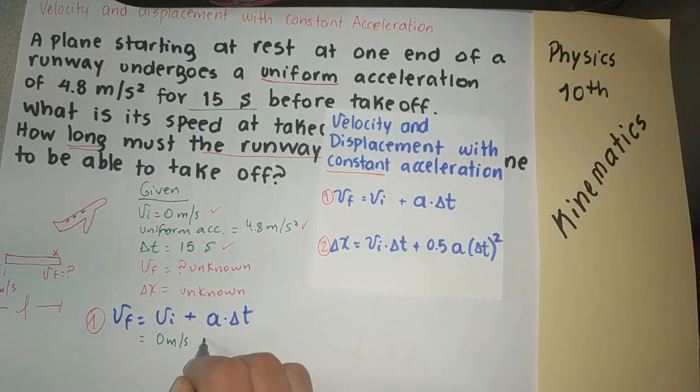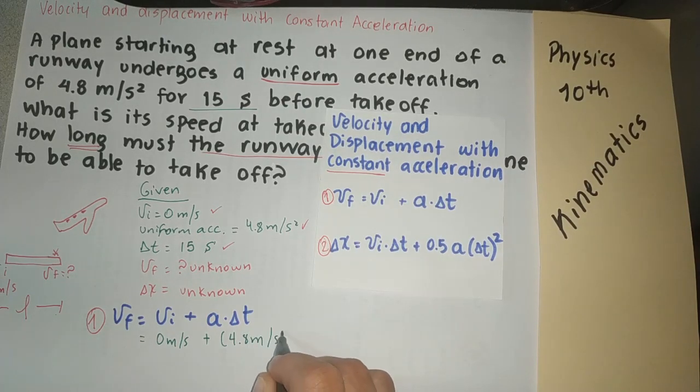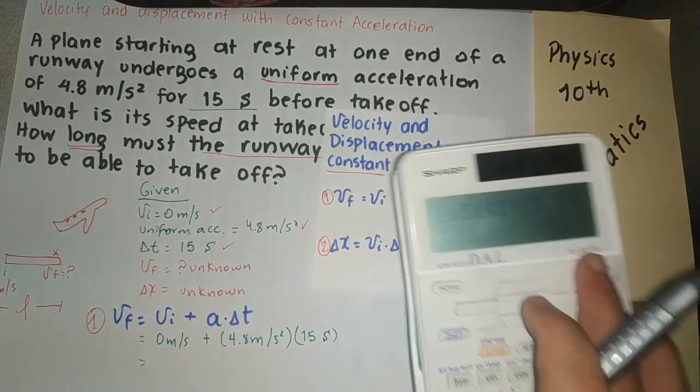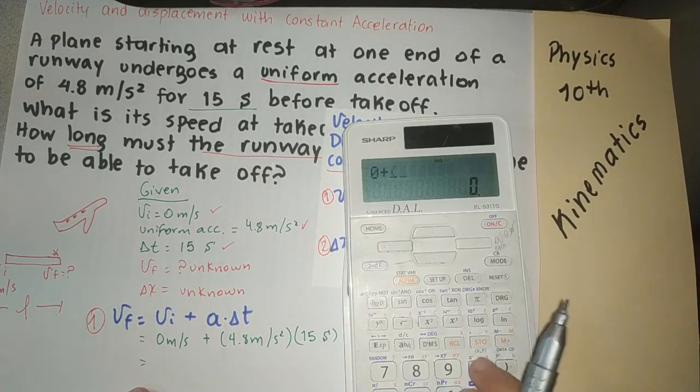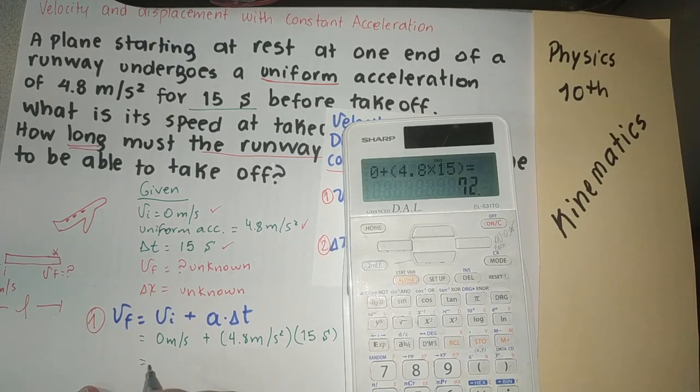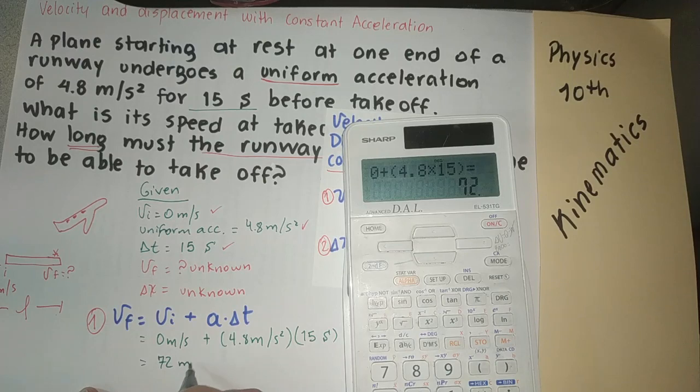So 0 meters per second plus acceleration, which is 4.8 meters per second squared, and the time, which is 15 seconds. You will use your calculator here: 0 plus 4.8 times 15. This is 72 meters per second.